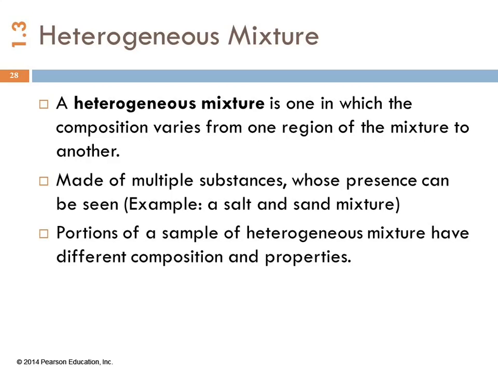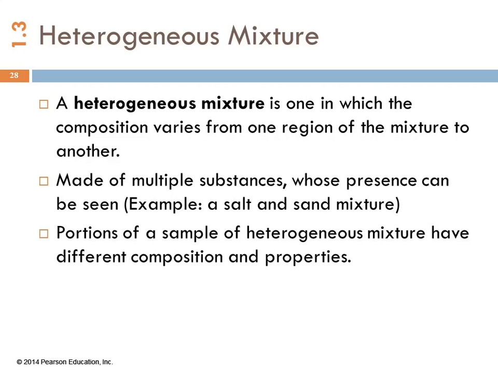Mixtures are made of multiple substances. You have to have at least two substances. But in a heterogeneous one, you can see that there's more than one substance. So like if you mix sand and salt together, you can see, oh yeah, there's little bits of sand and there's the salt, and you can mix them all up, but you can still see the particles. It's not homogeneous.